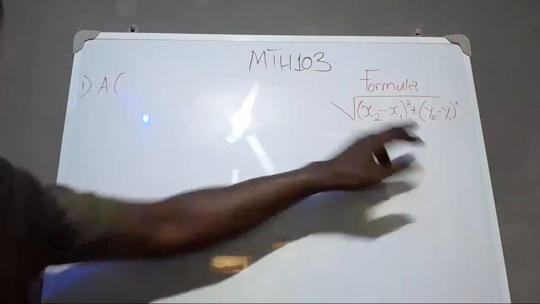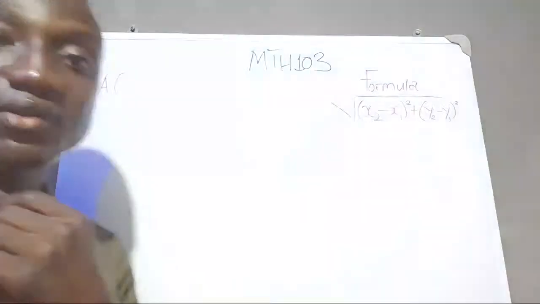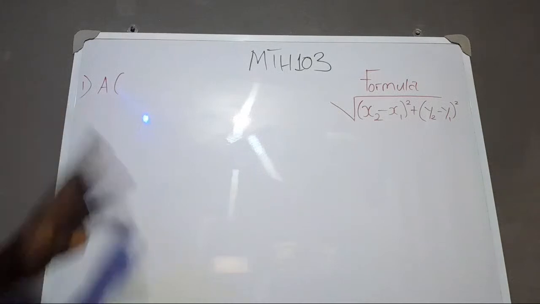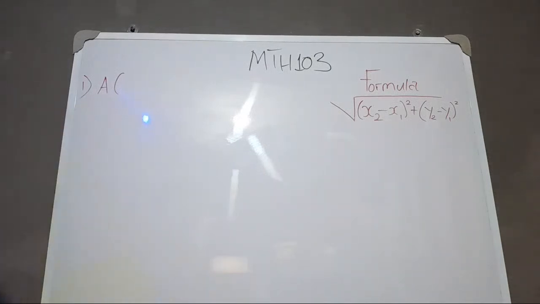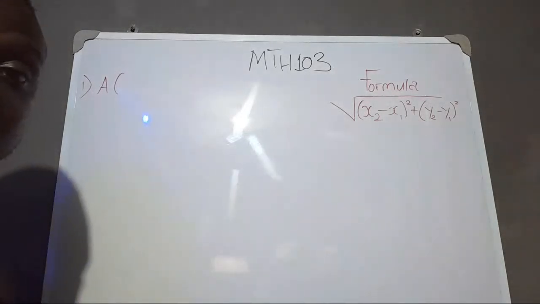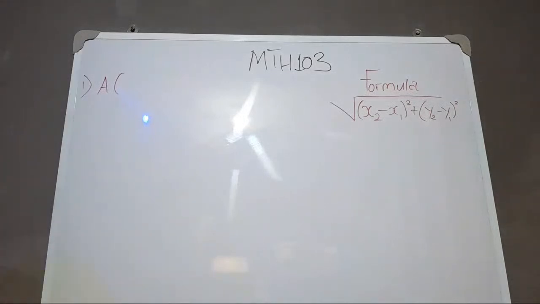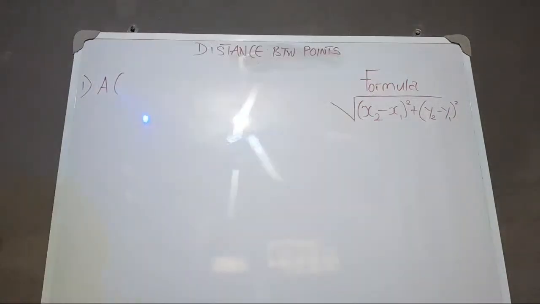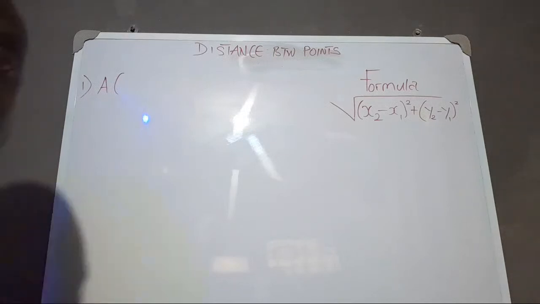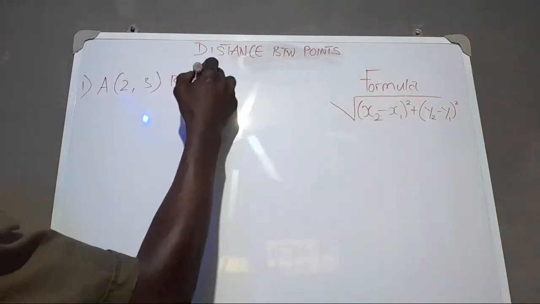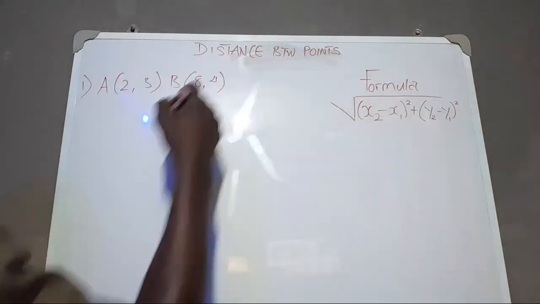I'm going to be writing out 3 questions. Like I said earlier, tonight's class won't be long because we started late for some technical issues. It's just about distance between points, so let's go straight into it. We have A as 2, 3 and B as 8, 4.